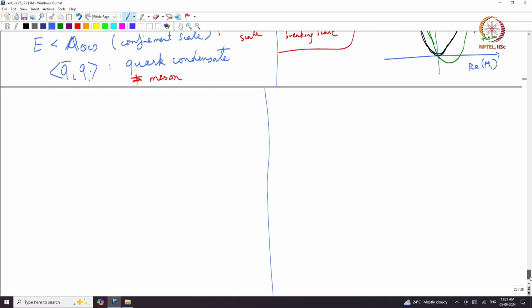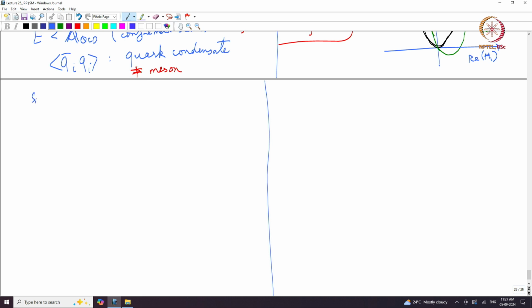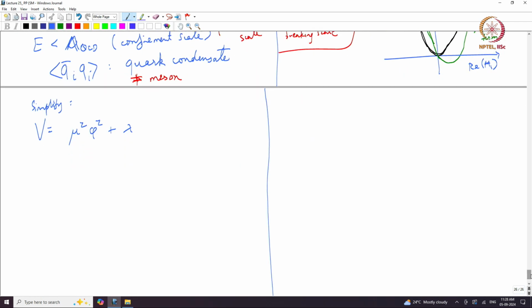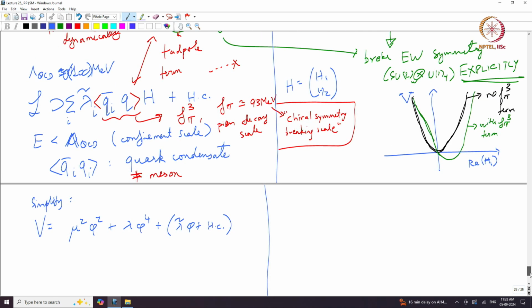I am going to simplify the potential to just mu squared phi squared, plus lambda phi to the 4th plus lambda tilde phi plus the Hermitian conjugate. So, let us parametrically look at what the minima could be.